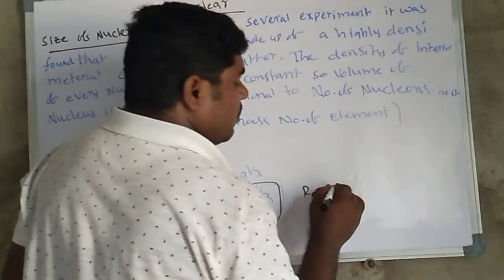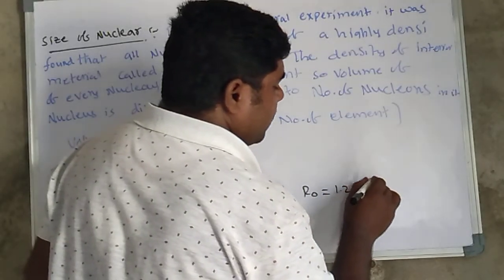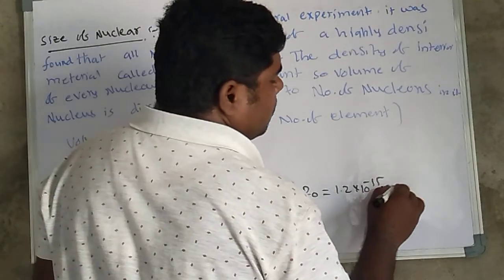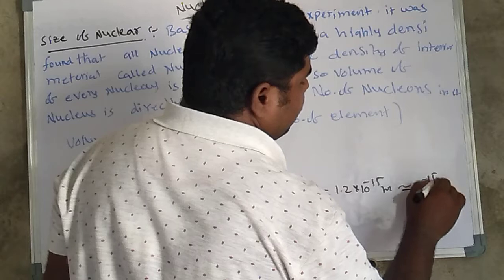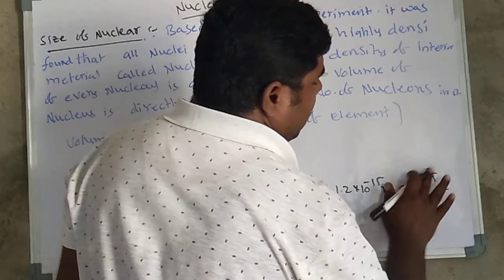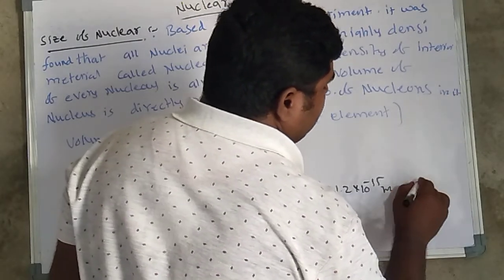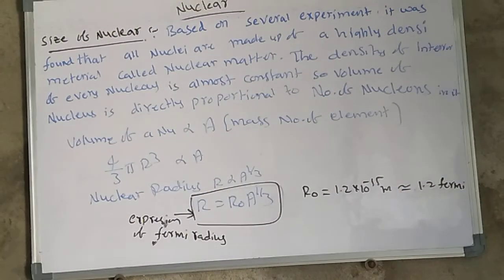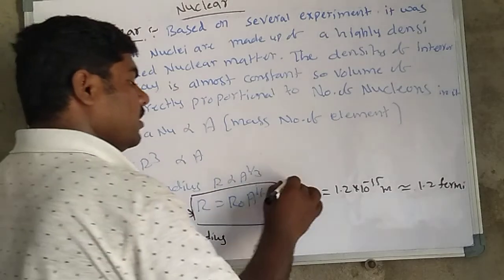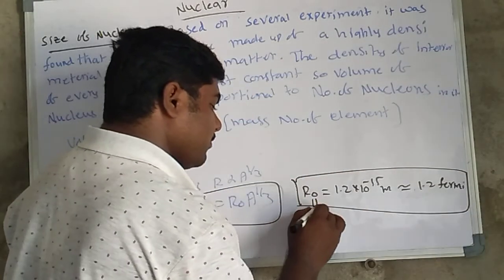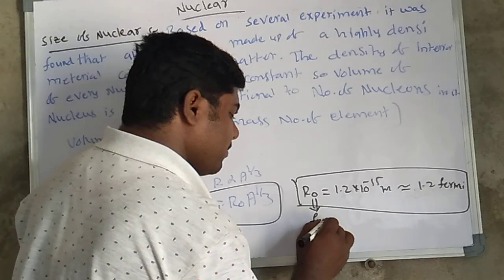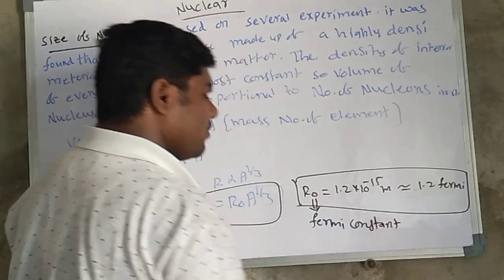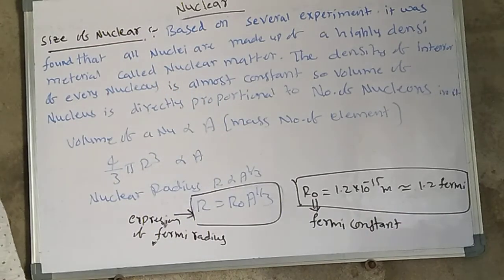Its value is approximately 1.2 into 10 to the power minus 15 meter, that is 1.2 Fermi. So this one we call the Fermi constant or proportionality constant.